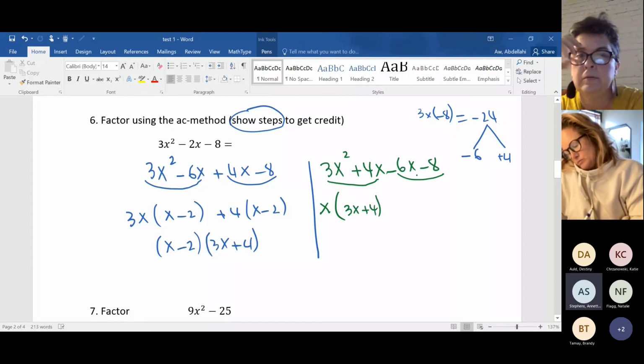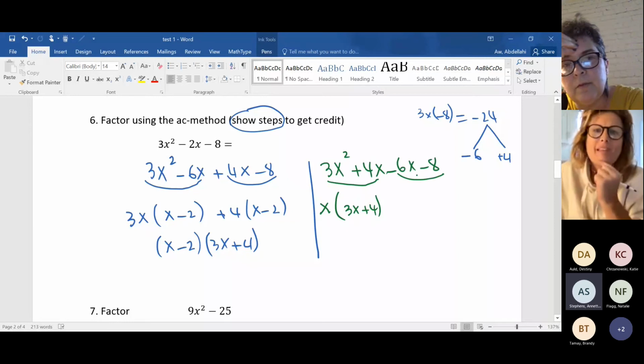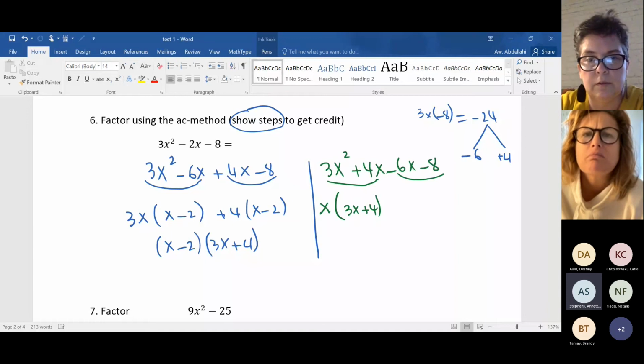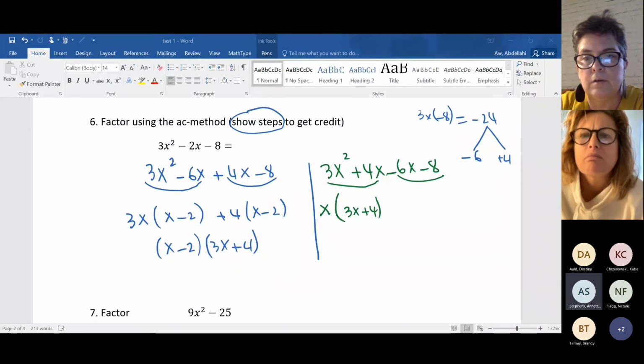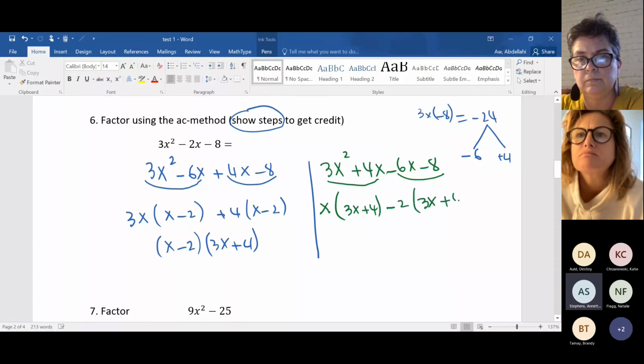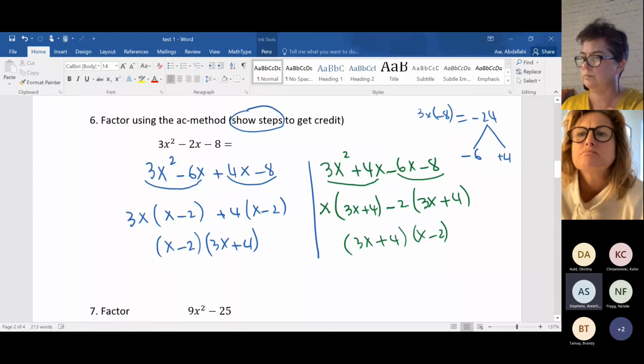What's going to factor out of the last two terms? -2, thank you. Don't factor only 2, factor -2. If you factor only 2, you will not see the same parentheses. But if you factor -2, then you will see the same parentheses, 3x plus 4. It's going to be 3x plus 4, parentheses x minus 2. You see, you get the same answer at the end.